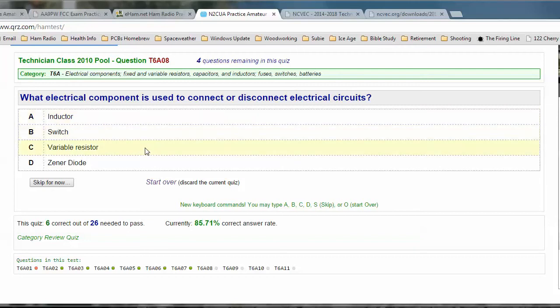It's not an inductor, and I can't even use a Zener diode in this case. A regular diode would affect the flow of current if it was in the path in the correct direction, but that's not what it's designed to do.